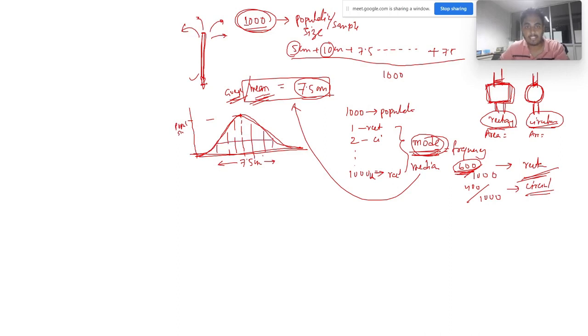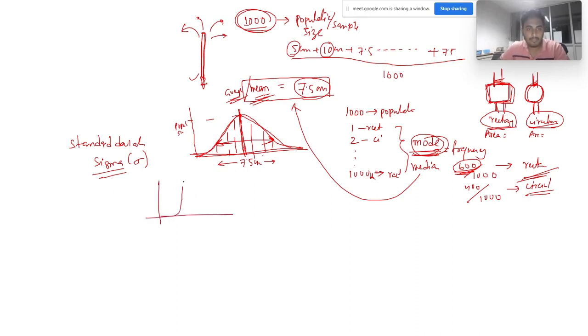And the variation, how much variation exists in the case of a pencil, is defined by something called sigma. This is called standard deviation. Sigma means this particular symbol.